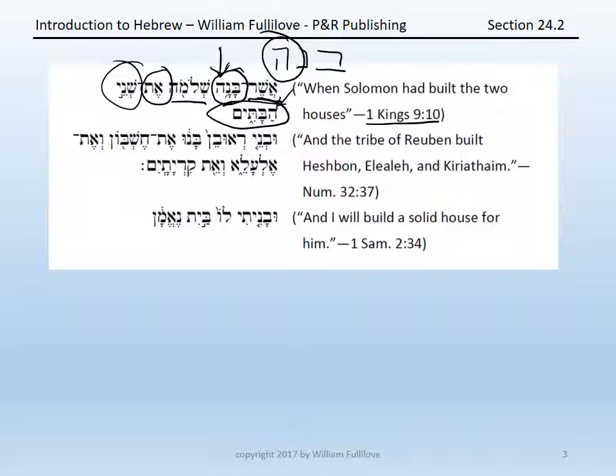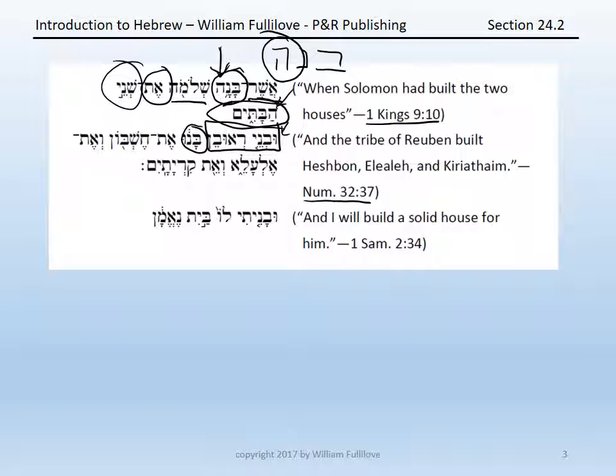batim, houses. Second, Numbers 32:37, uvnei Reuven banu et Heshbon ve'et Elale ve'et Kiryatayim. So, and bnei Reuven, the sons of Reuben, construct phrase.